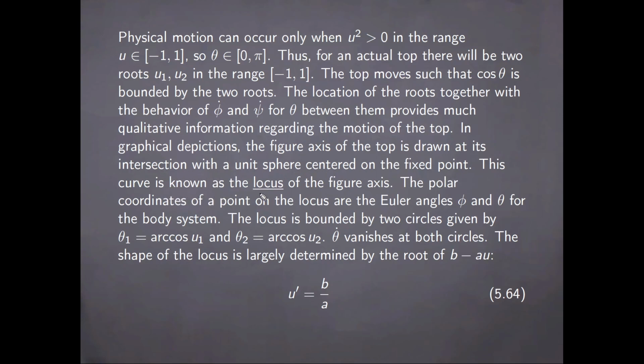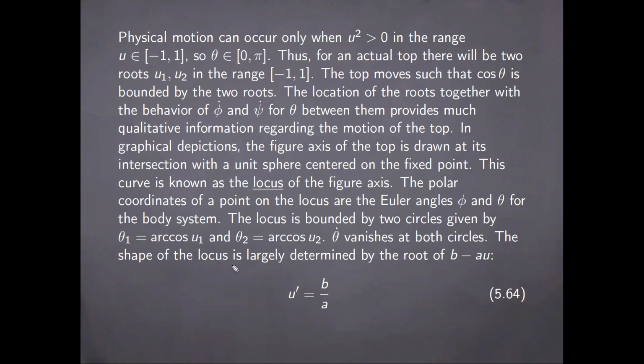This curve is known as the locus of the figure axis. The polar coordinates of a point on the locus are just the Euler angles phi and theta for the body system. The locus is bounded by two circles given by these two values, theta 1 and 2, in terms of the arc cosine of the two roots u1 and u2, and the time derivative of theta vanishes at both circles.